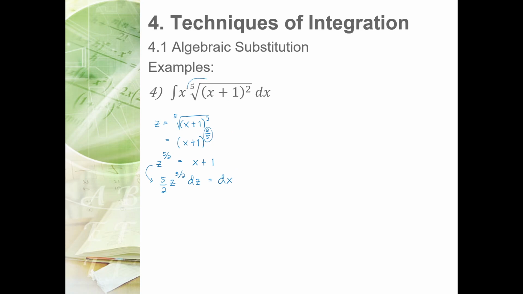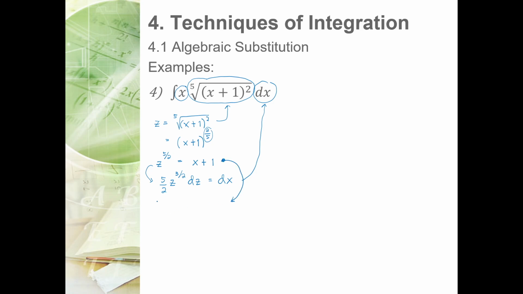So notice that here we can replace this term with the z variable. Our dx can be replaced by 5 halves z to the power of 3 halves dz. So for your x variable, I think we can get it from this term here. So let's try to isolate it.